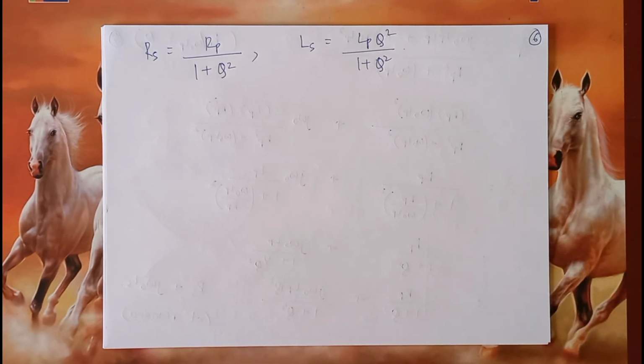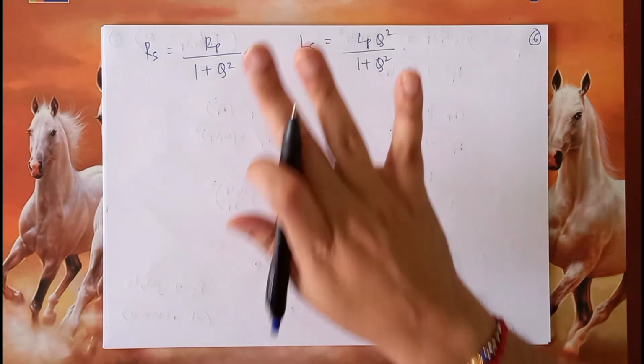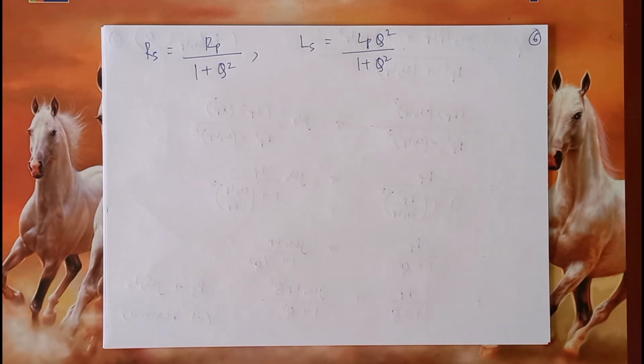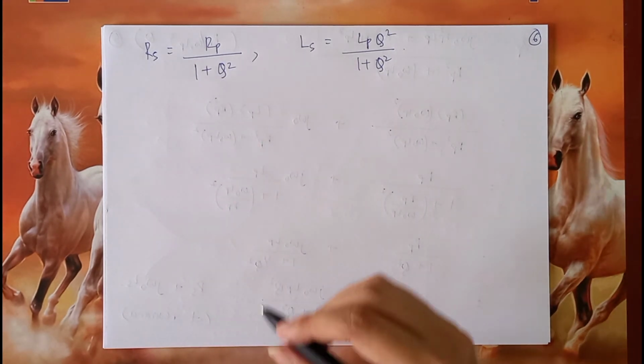One sanity check that you can immediately do is whether you are correct or not. You can verify that very easily by finding out the Q of the series network.